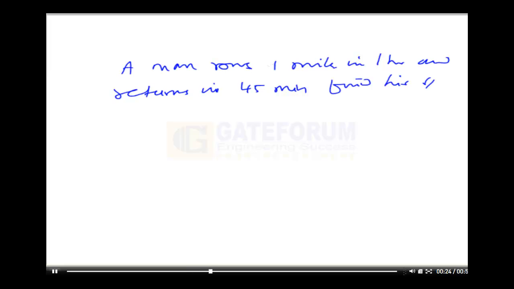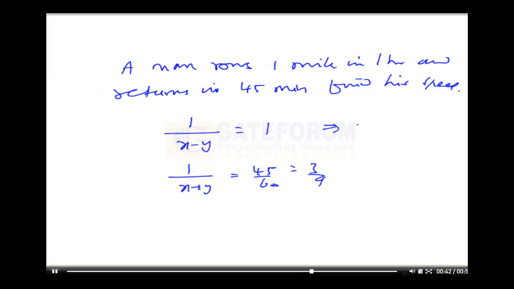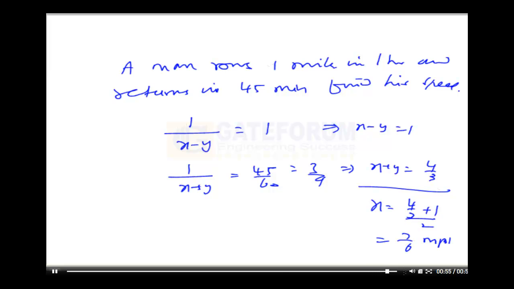Find his speed. 1 mile taking 1 hour is upstream, is 1 hour, and 1 mile taking 45 minutes should be downstream. So what we are getting is x minus y is 1 and x plus y is 4 by 3. If you want x, it is sum of the equations by 2, that will be 7 by 6 miles per hour.